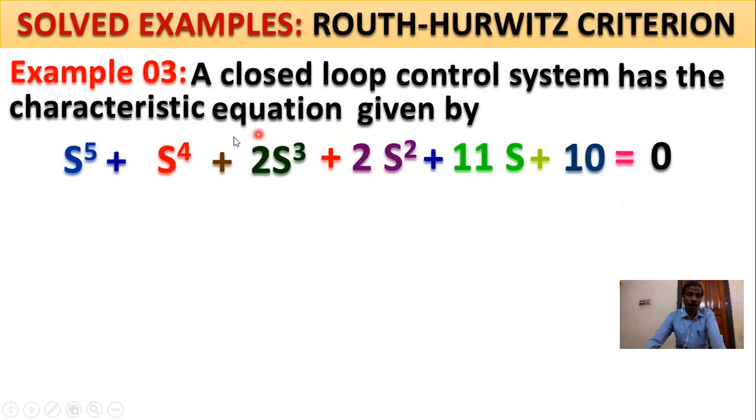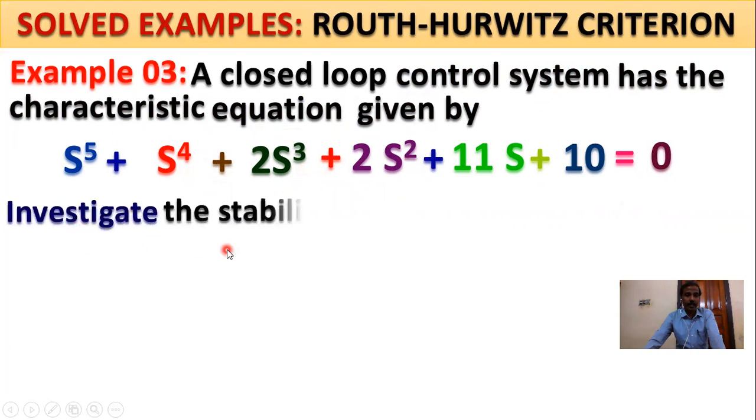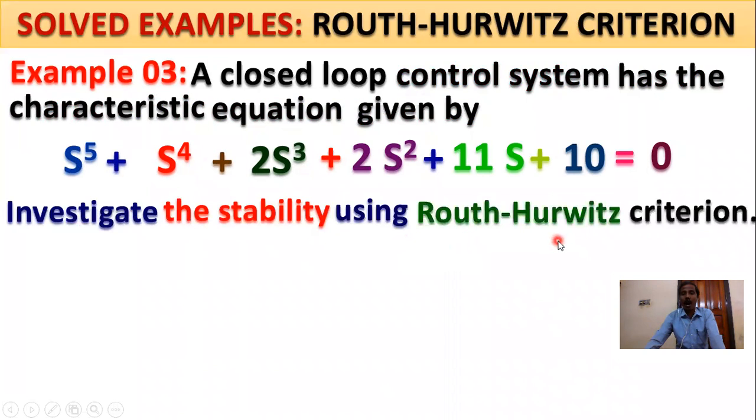This is the fifth order polynomial equation. Investigate the stability using Routh-Hurwitz criterion.